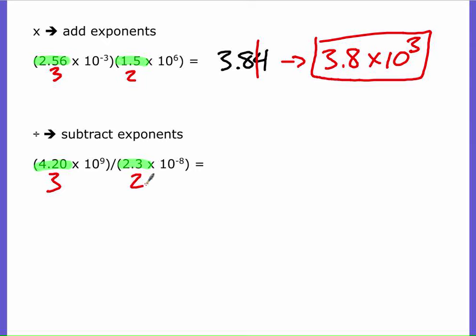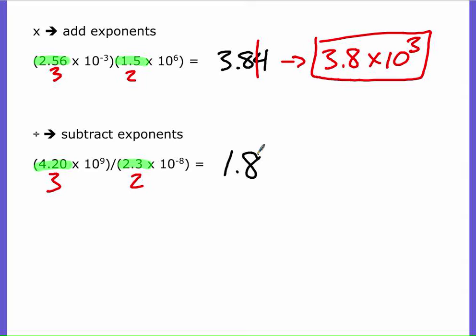So when I'm looking at my calculator and I see this 1.826086957, I don't need all of those numbers. I just need 2 sig figs. So I'll just automatically round it. It's 1.8. Right? The 2 doesn't affect it. I needed 2 sig figs.